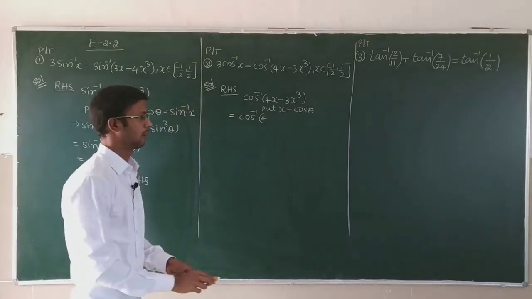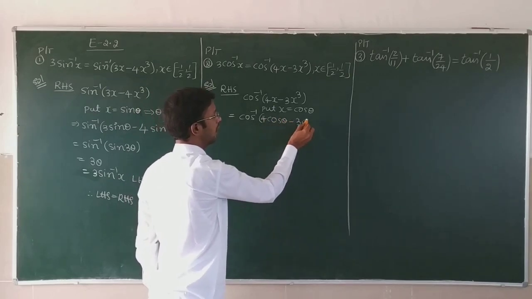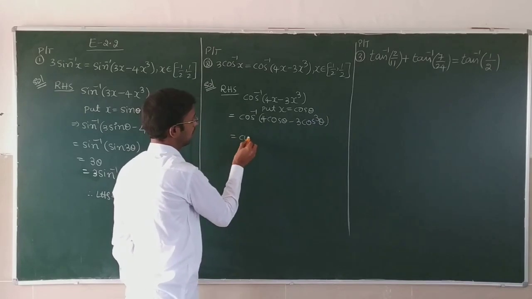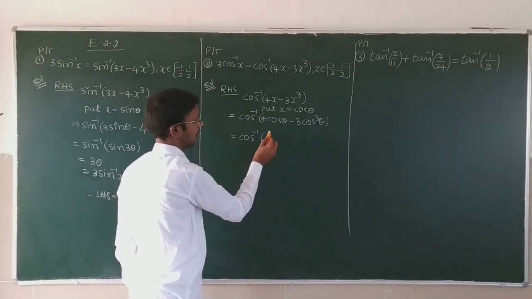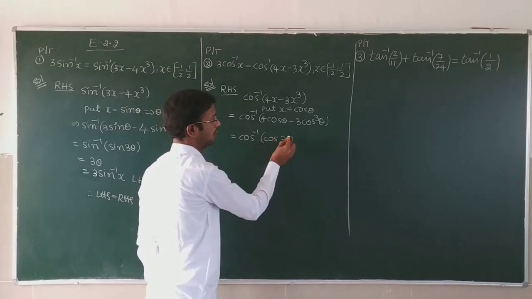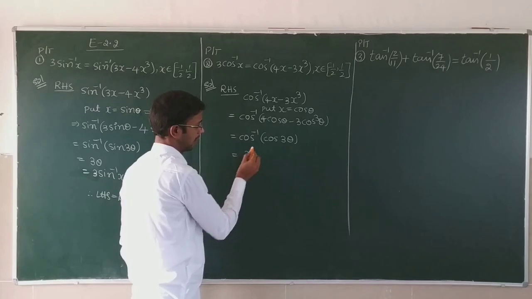That gives cos inverse of 4 cos theta minus 3 cos cube theta. This is the formula of cos 3 theta. Cos inverse cos cancel. 3 theta is the answer.